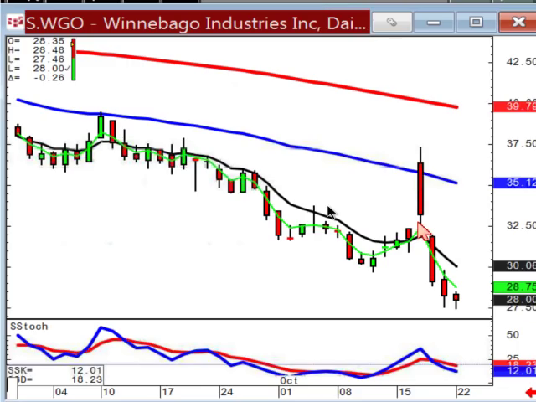So if Winnebago had closed right here as a dark candle, leaving a big gap up, that would have told me the strength was there. The fact that they brought it practically right back down into the trading range was an indication that the bears were still coming after it going into the close.